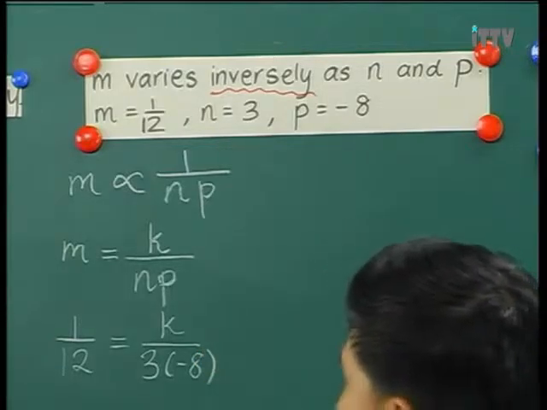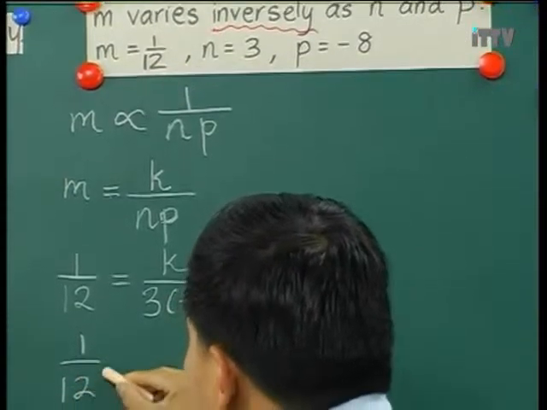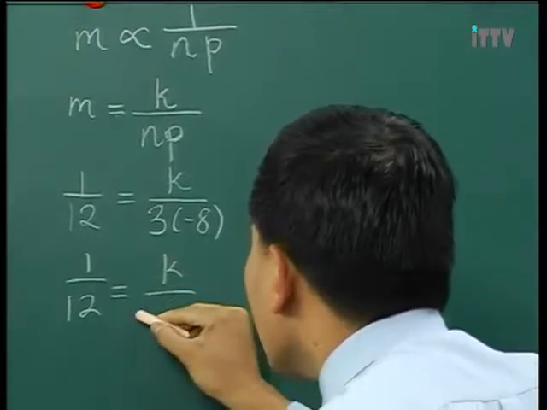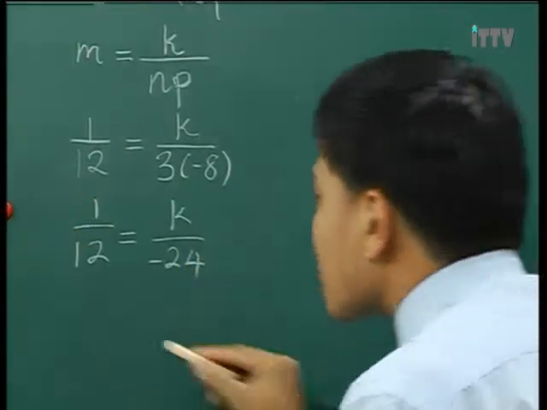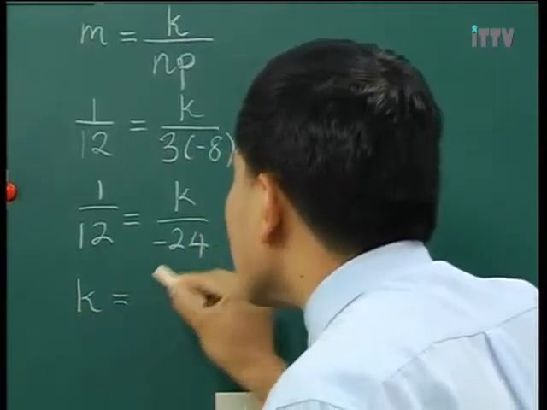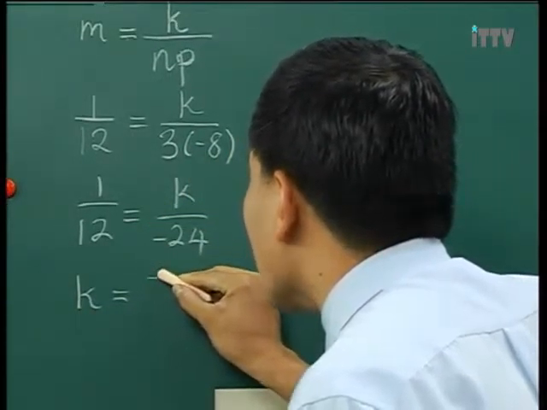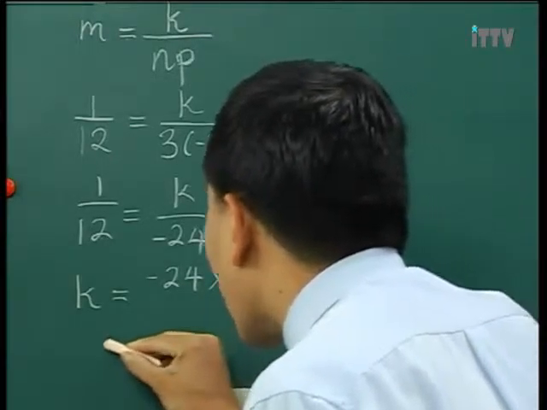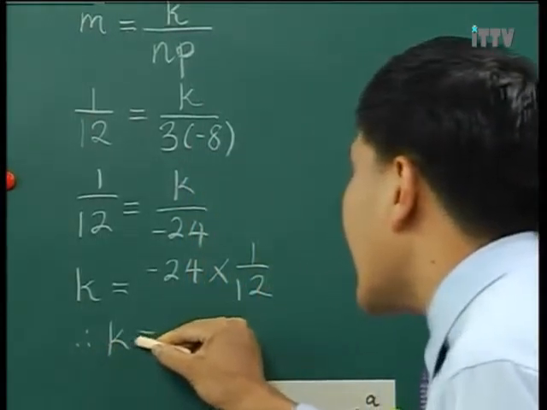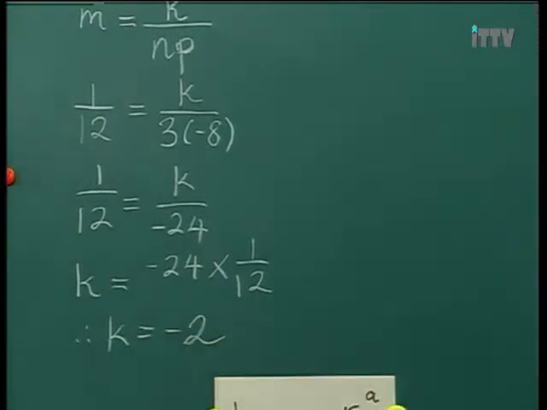Okay, so it is given to you for you to find out what is the value of K, which is the constant of variation. Alright, so now we can actually cross multiply that up. So we will get that K is equals to negative 24 multiplied by 1 over 12, and our value of K is actually negative 2.